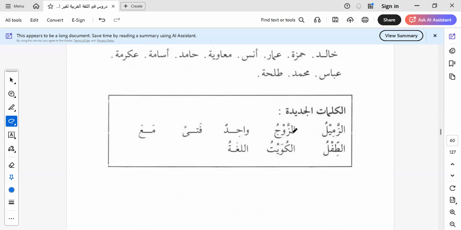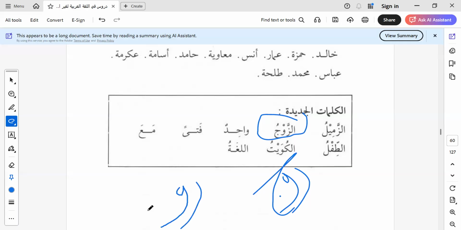I still cannot hear you clearly, but what I'm saying is this: the word zawj can also mean wife sometimes. But the general meaning is husband. That's the way it is usually used, because it can also have a ta. When you have the ta, it is obviously the wife.